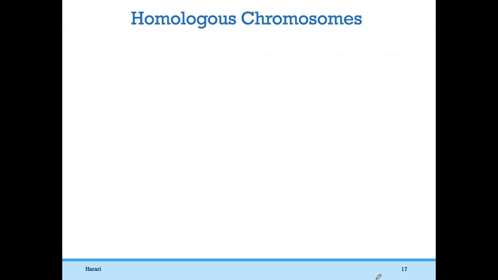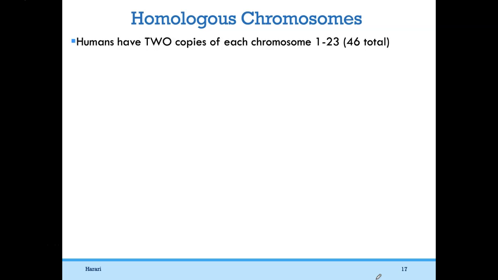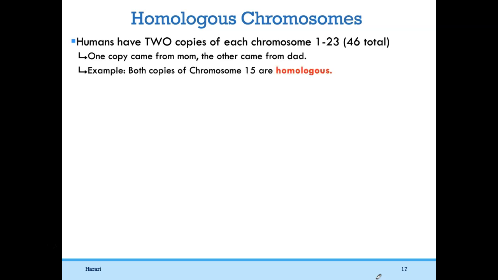Okay. So now I want to talk about homologous chromosomes. Like I said, humans have 2 copies of each chromosome, 1 through 23, giving us 46 in total. 1 copy of each chromosome came from mom, the other came from dad.